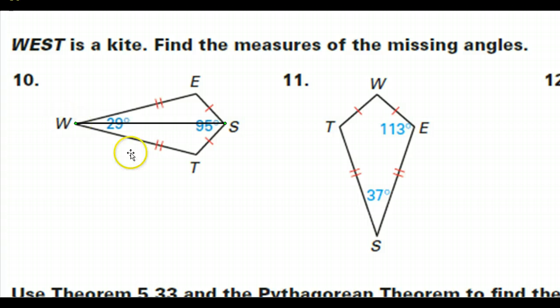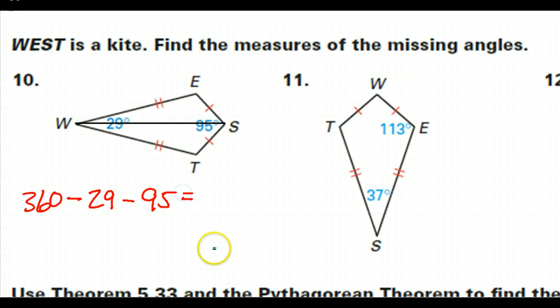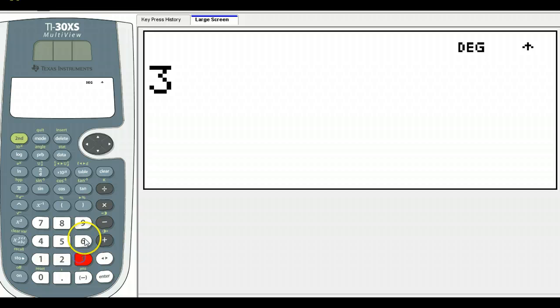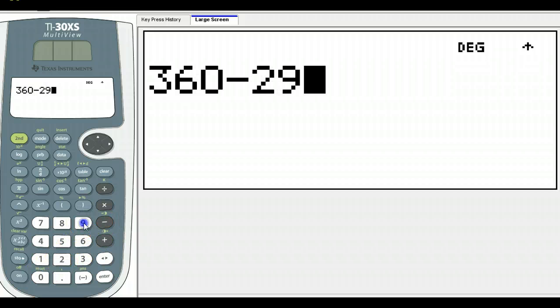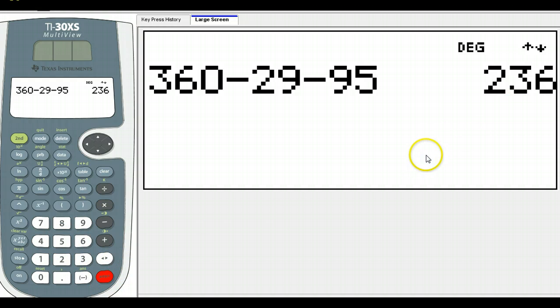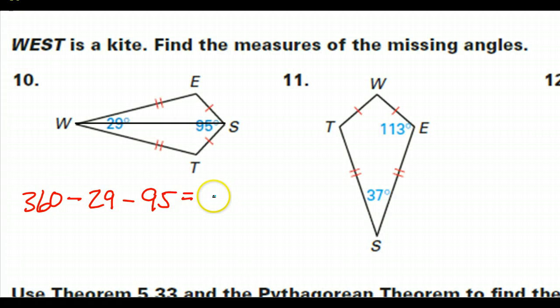Somewhere in your brain you have to know what the total degrees inside any quadrilateral is. Total degrees is 360. So you should be starting from 360 and subtracting the 29 and the 95. So 360 minus 29 minus 95. Let's see what's left over. That leaves 236 degrees.